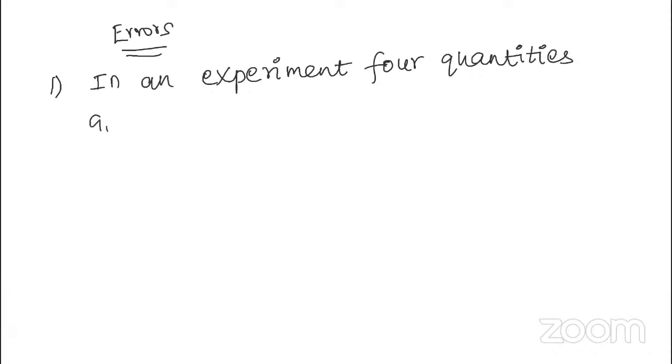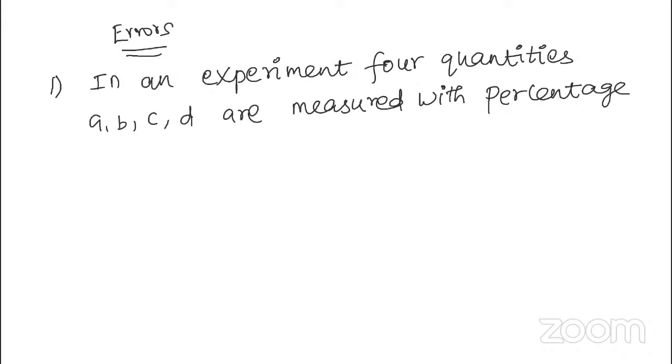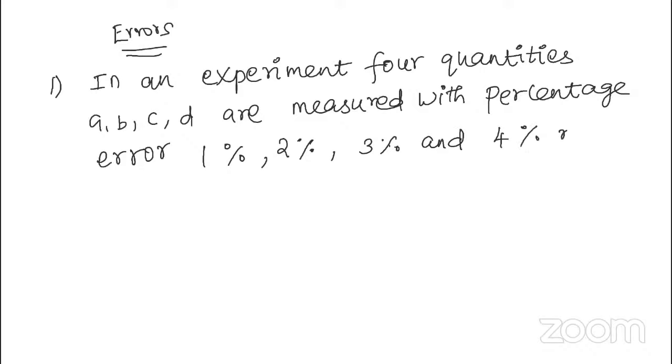In an experiment, four quantities A, B, C, D are measured with percentage error, that is 1%, 2%, 3%, and 4% respectively.